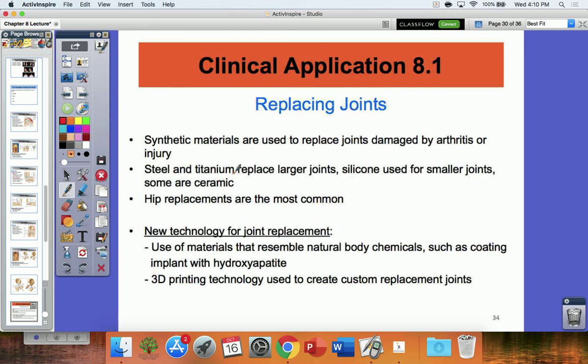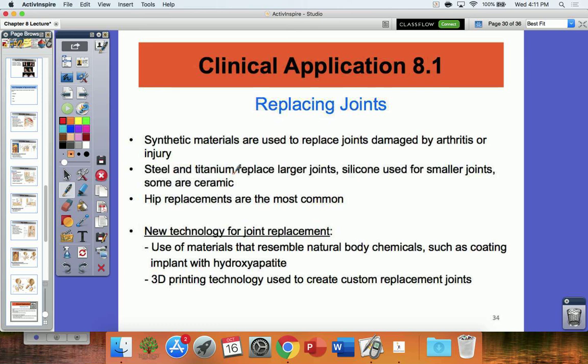We have this extra little slide here about the clinical application of joint replacements. You all may have had a joint replacement, or a knee replacement is what we sometimes call it, where they literally replace the joint, and it may be the cartilage of the joint with some type of synthetic material that is going to do what the joint is supposed to do, because those joints are damaged.